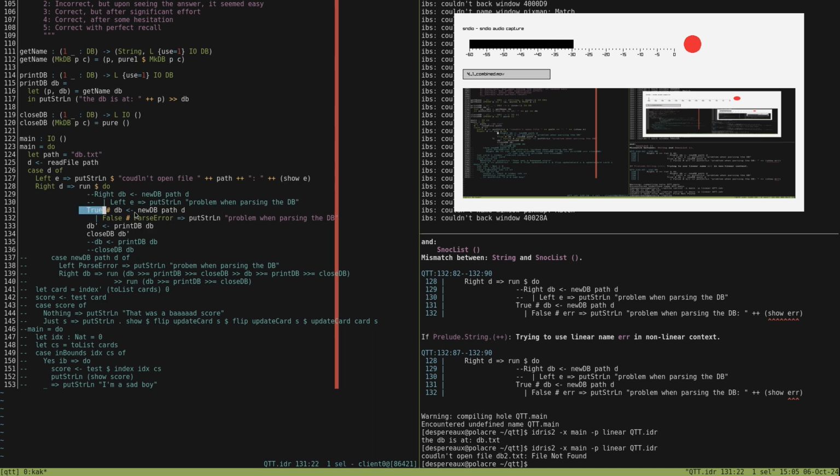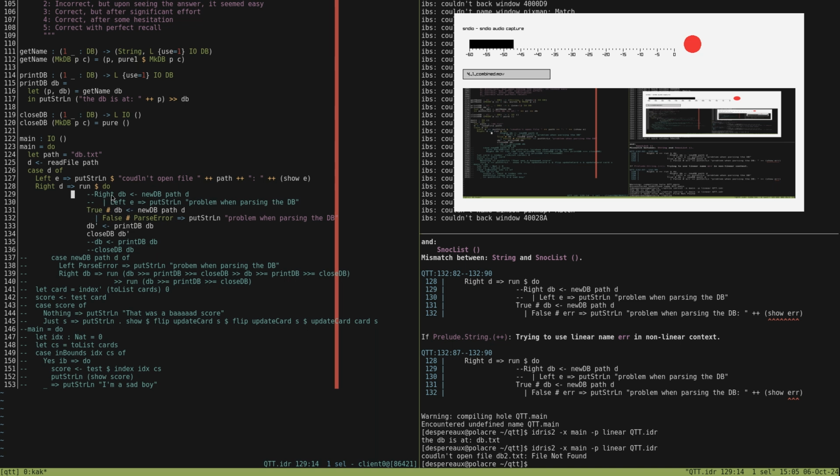Is there a way that we can make this nonlinear? This dB? Because here, pattern matching on the either type, the either was meant to be linear and probably was linear. But then when we pattern matched on it, it stopped being linear.